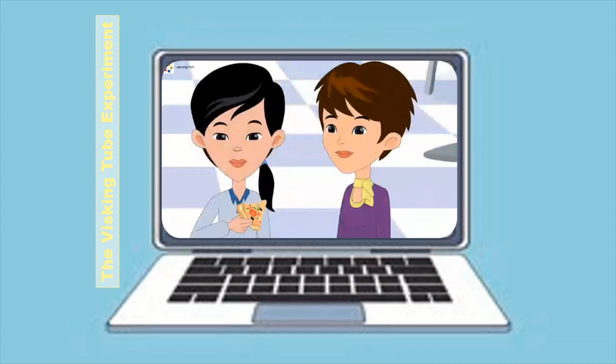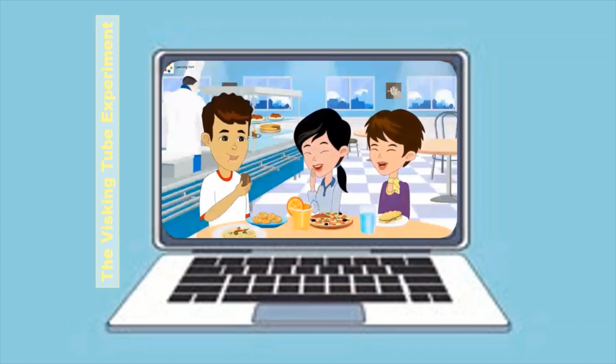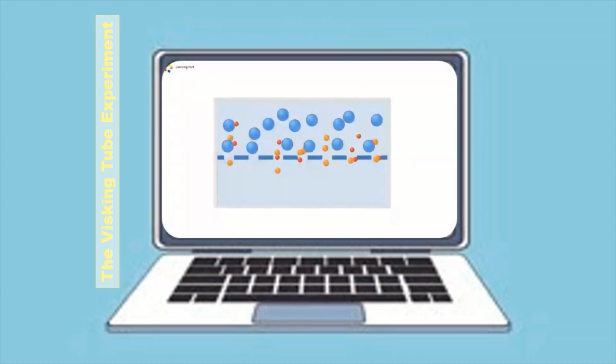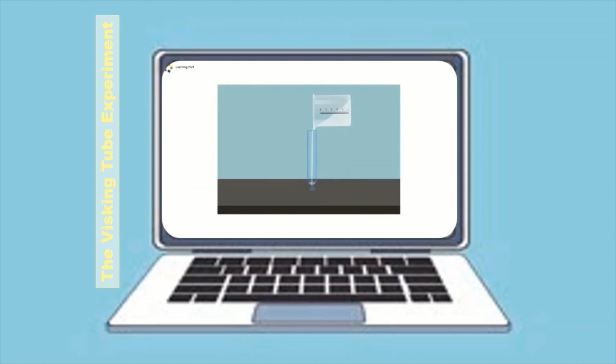His friends suggest that he chew his food slowly so that it will break down into smaller pieces. Some food molecules are large, such as starch, while others are small, such as glucose. This can be shown in an experiment using Visking tubes.